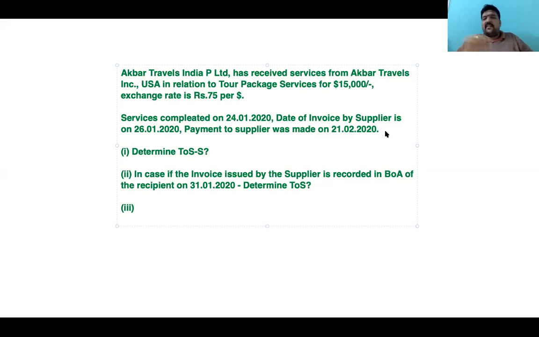Because Akbar Travels India Private Limited and Akbar Travels Inc. are associated enterprises, time of supply would be determined as per section 13.3 and so on. Somewhere that recording is required, but otherwise, the answer is true. A lot of you got it right. Your answering style is improving. Let me close this discussion with the last line. Again, an easy entry, nothing great.